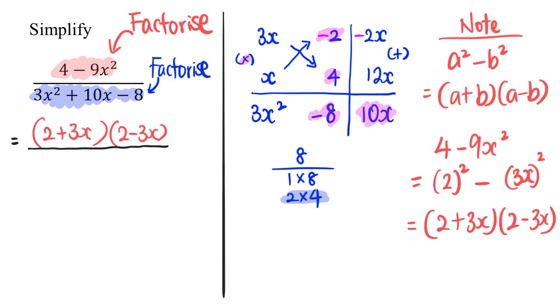And from here, I would then be able to get my answer for the factors. And the factor for this would then be 3x minus 2, x plus 4.